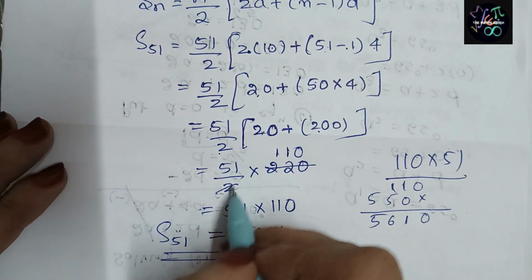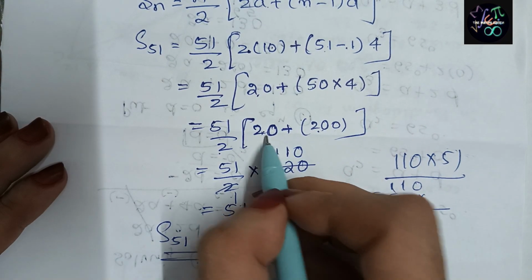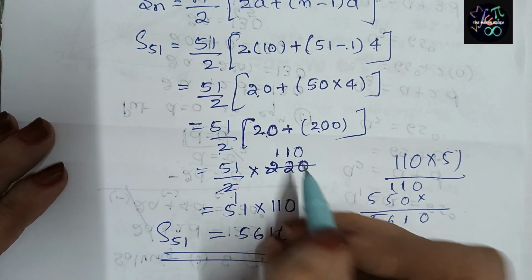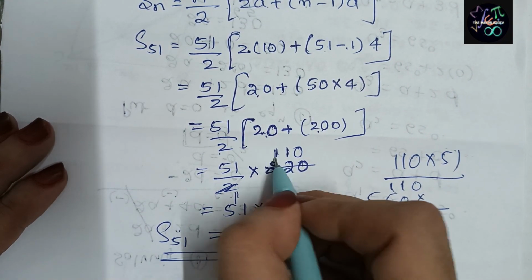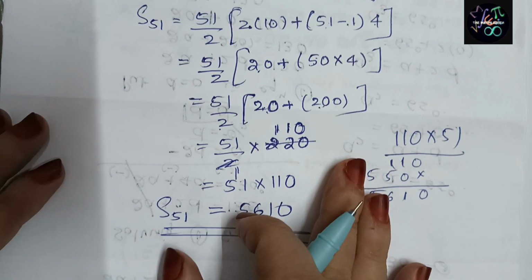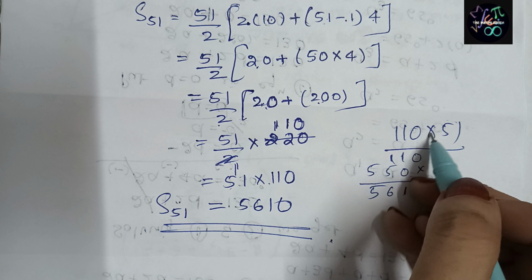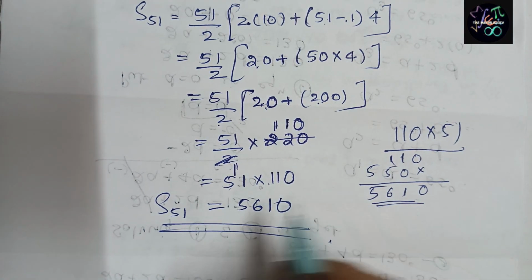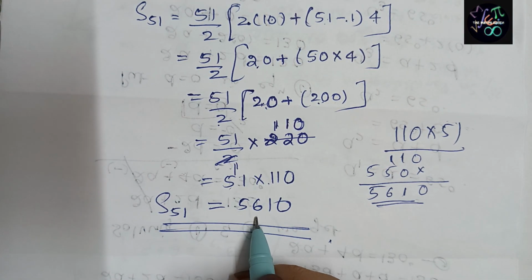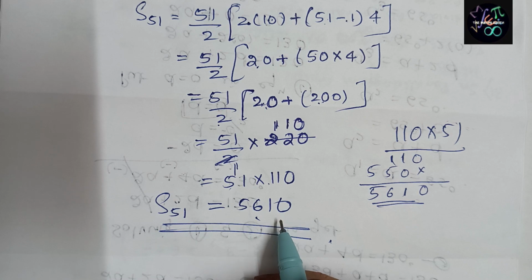So 51 by 2 as it is, 200 plus 20 is 220. 2 ones are 2, 2 ones are 110. So 51 into 110, I have multiplied here, we got 5610. So the answer for the sum of 51 terms is 5610.